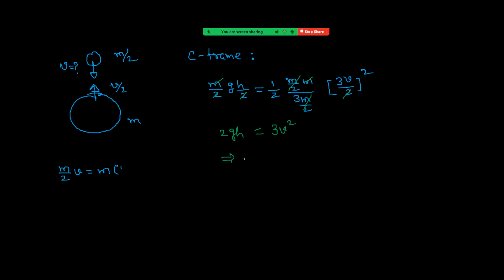That implies v equals root of 2gh upon 3. See carefully: 2 left, 2gh; here 3 left, 3 and 3 square, 1 3 left here. 3v square equals 2gh. So v equals root of 2gh upon 3. Like this, we can use the center of mass frame to solve questions in a simpler way.